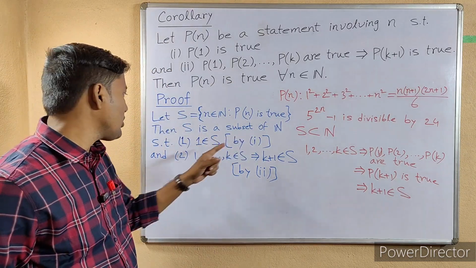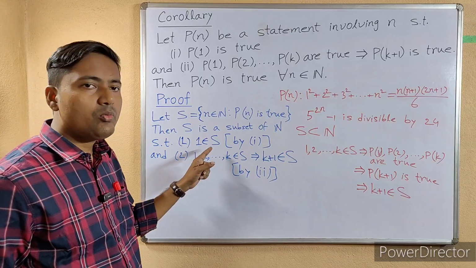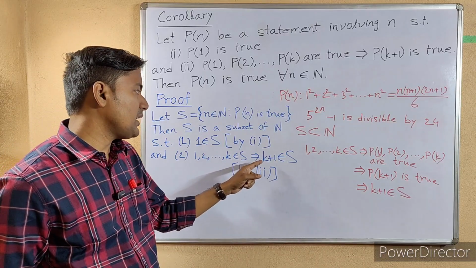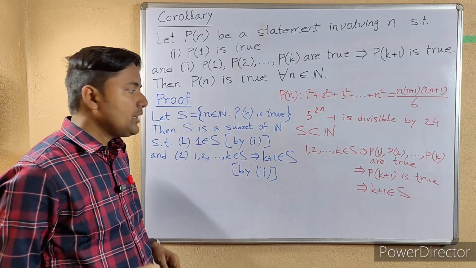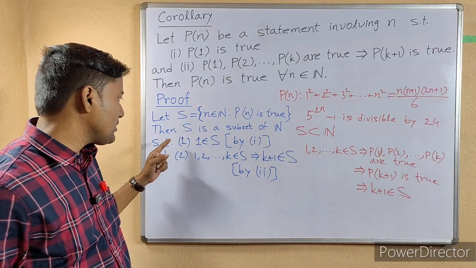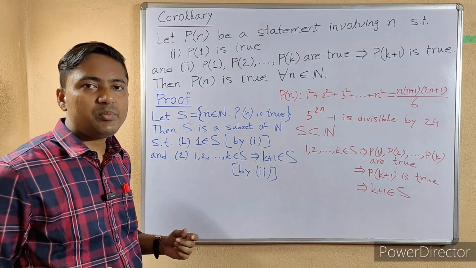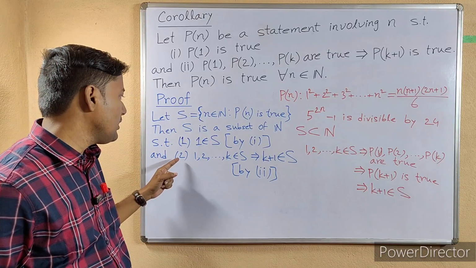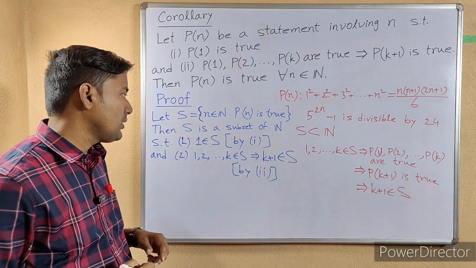Thus S is a subset of N such that number 1 belongs to S, and number 2, 1, 2, dot dot dot k belongs to S implies k plus 1 belongs to S. Clearly S satisfies the two conditions of the second principle of mathematical induction. This is the first condition and this is the second condition.